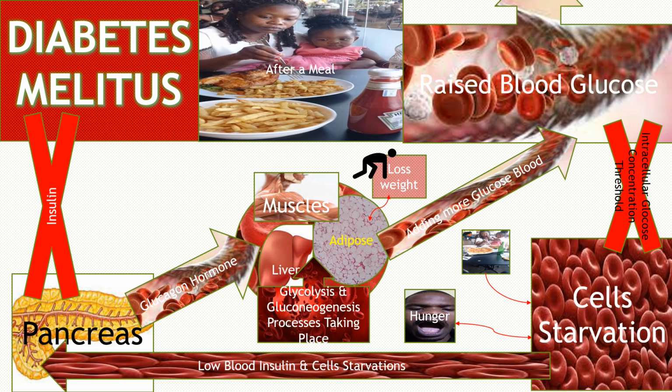In diabetes mellitus, there is a defect with insulin production, leading to its depletion in the bloodstream. After a meal, the blood glucose concentration is raised.